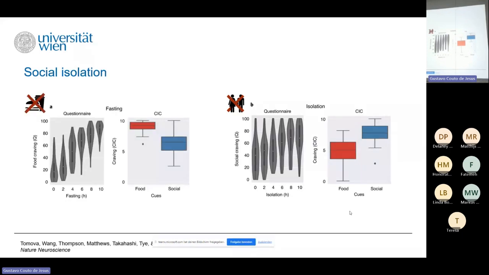This is similar to what happened in food craving. After 10 hours of fasting, you have an increase in the desire for food and a sensitivity for food pictures compared to social pictures. So indeed, 10 hours of social isolation are able to induce this craving and this sense of I need to meet someone, and this preference or sensitivity for social stimuli.